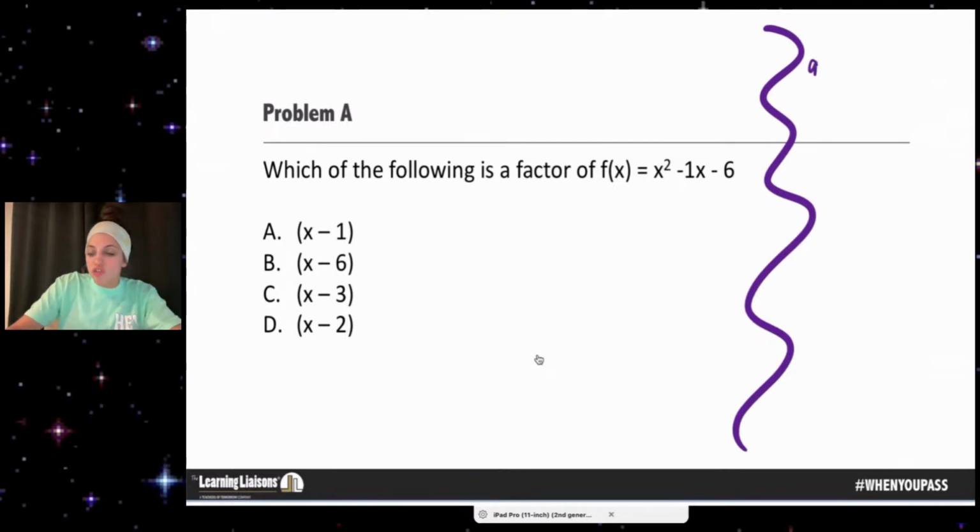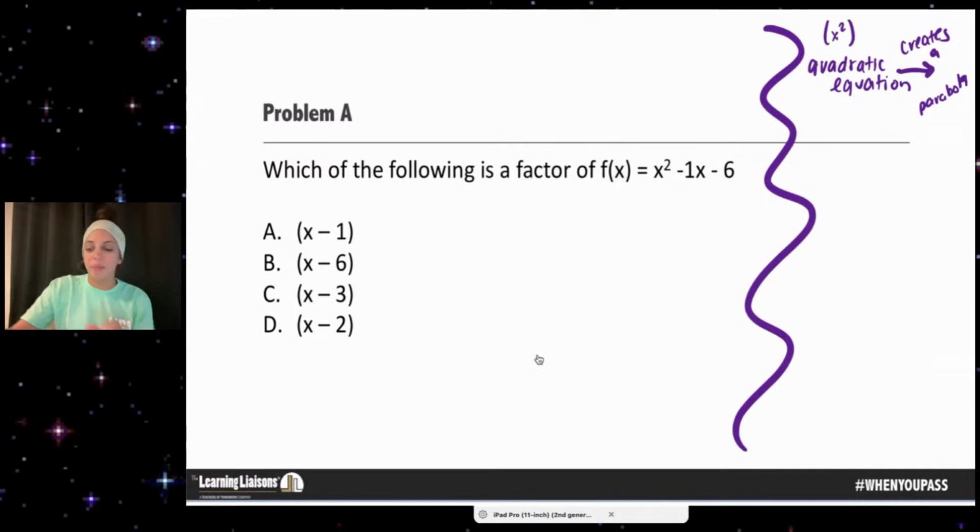So a quadratic equation creates a parabola. A quadratic equation is an x squared equation. It creates a parabola. When we are finding the zeros, we are finding the x-intercepts, which can also be called the factors.